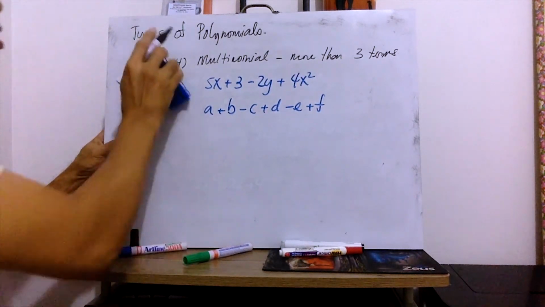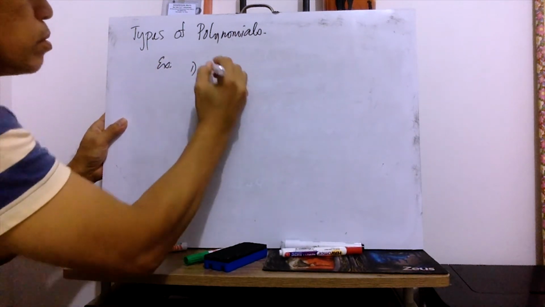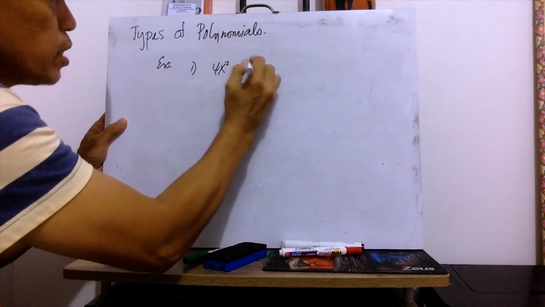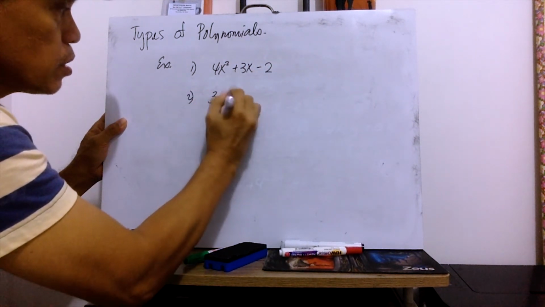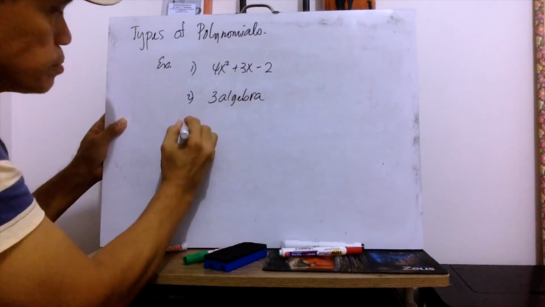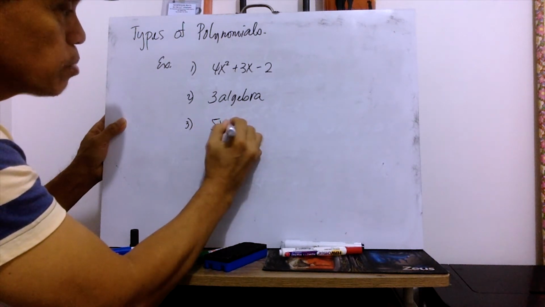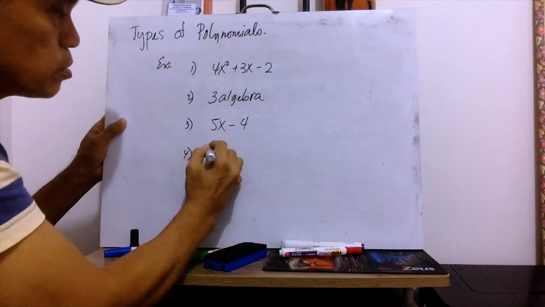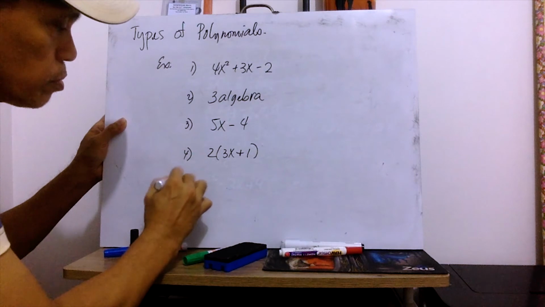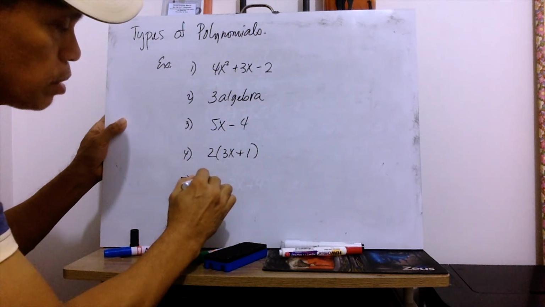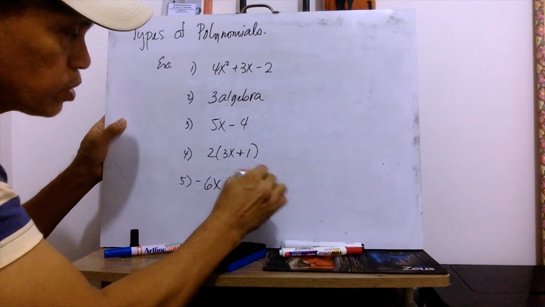Let's have some examples. Number 1, 4x squared plus 3x minus 2. Number 2, 3 algebra. Number 3, 5x minus 4. Number 4, 2 times 3x plus 1. And number 5, negative 6x times x plus 5 squared.